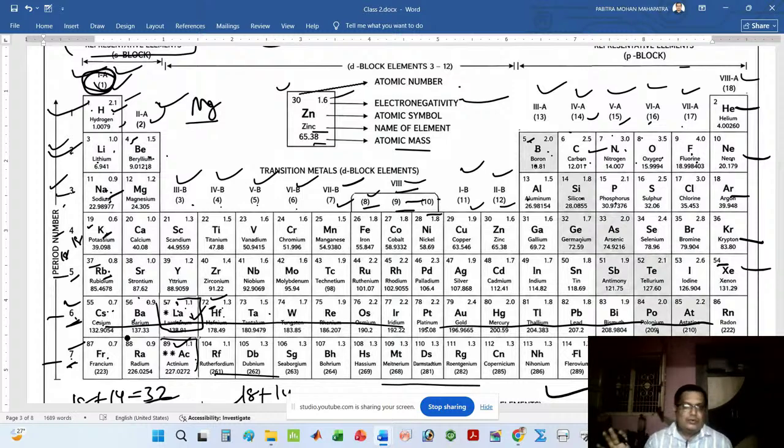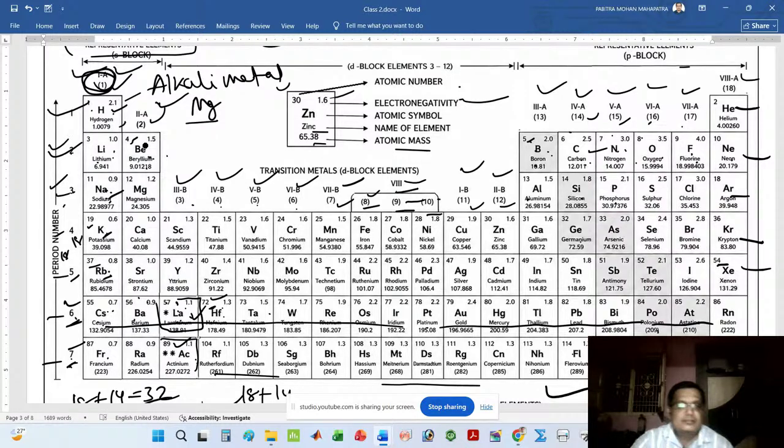If you exclude hydrogen, the remaining ones, lithium, sodium, potassium, rubidium, cesium, francium, are said to be alkali metals. Why they are called alkali metals, I will discuss later. For this class, only remember that except hydrogen, all the elements are alkali metals.